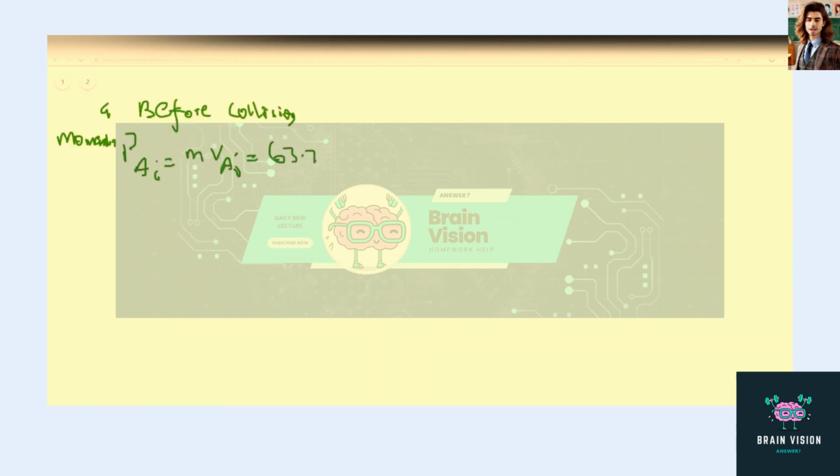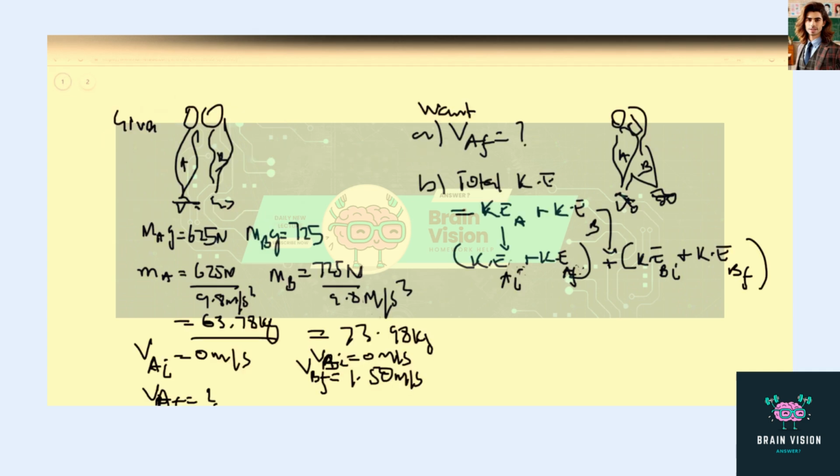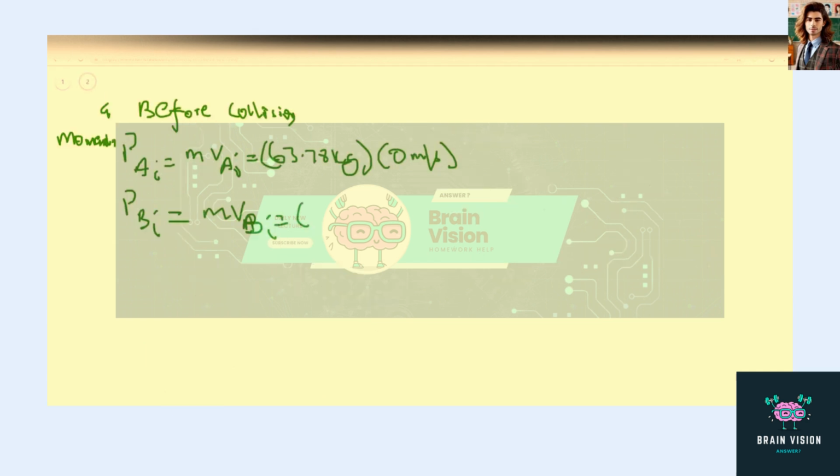So 63.78 kilograms times the initial velocity of A, 0 meters per second. We also need the initial momentum of B, which is the mass of B times the initial velocity of B. The mass of B happens to be 73.98 kilograms, so this is 73.98 kilograms times 0 meters per second.